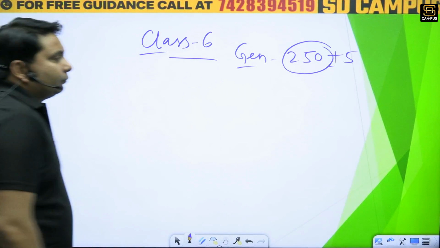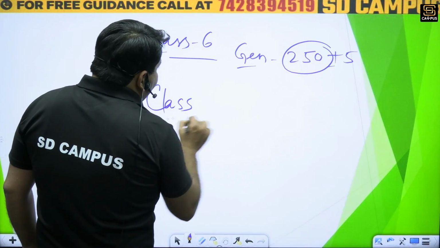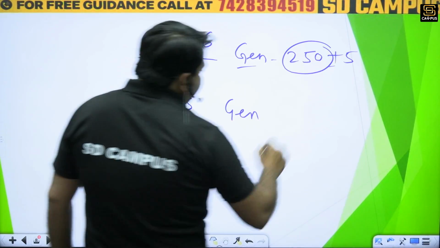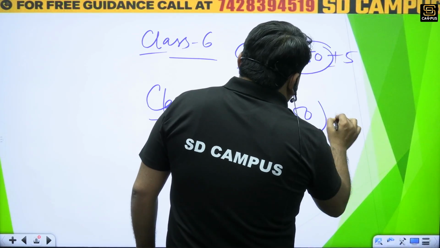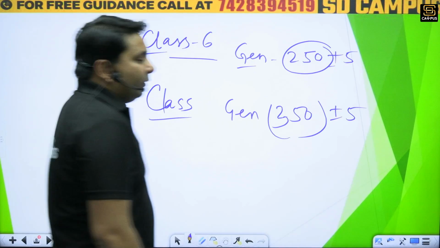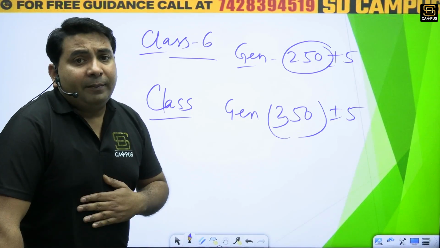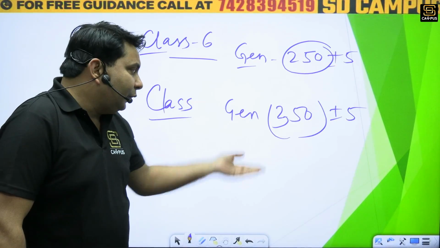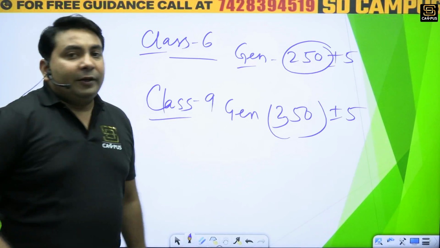Okay. And for class 9, the cutoff marks for general would be 350 plus minus 5. So around 250, if you get 250 marks, then you will be selected, and around 350 marks for class 9, you would be selected. Got it?